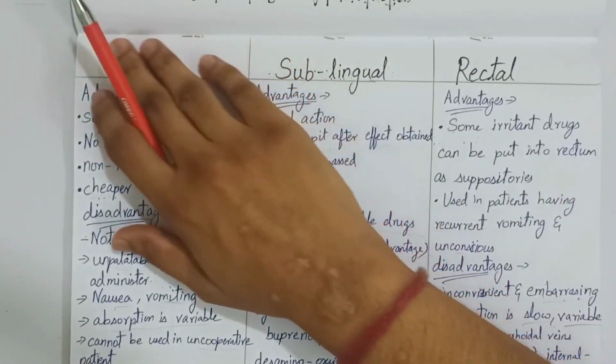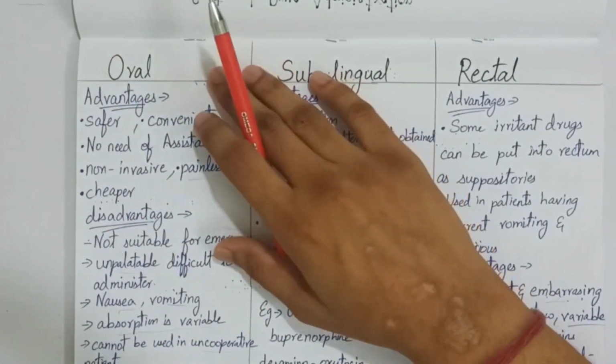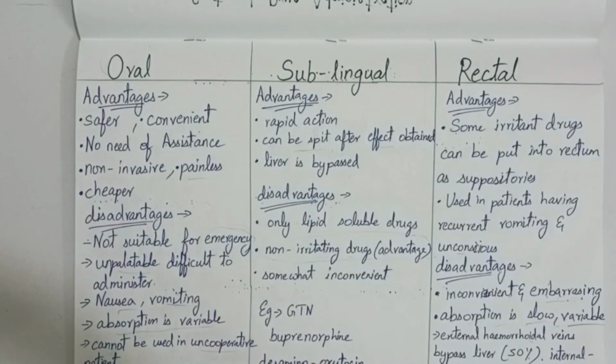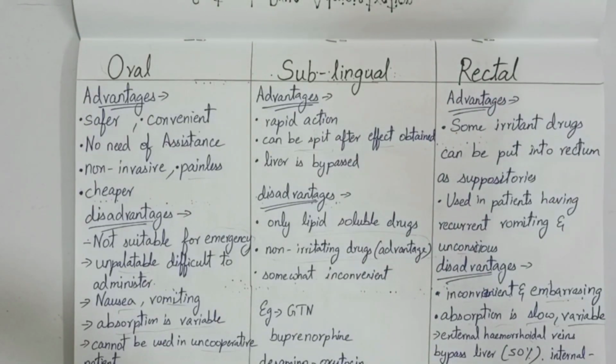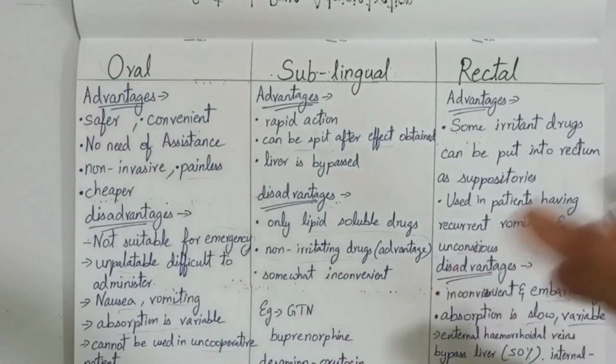The first route of drug administration in systemic routes is oral. Oral routes are safer, convenient to administer, and they don't need any assistance. It is generally non-invasive, and it's a very painless form of drug administration. It's also cheaper than various other routes.